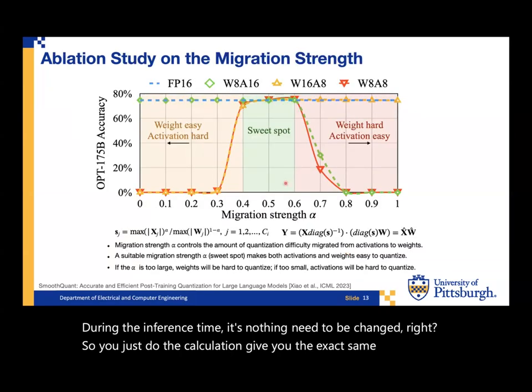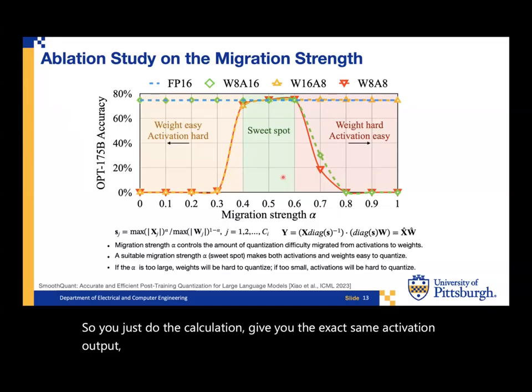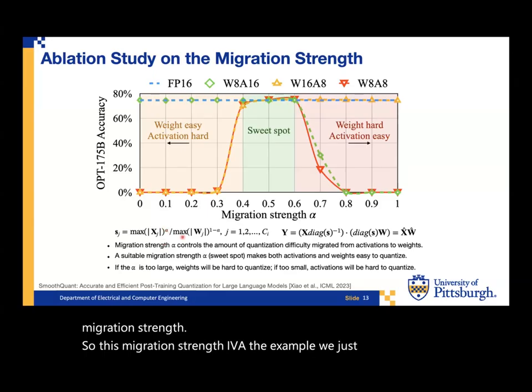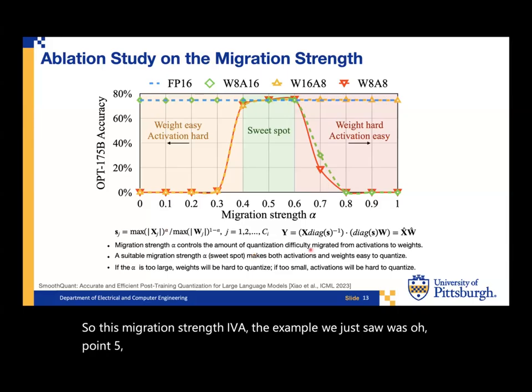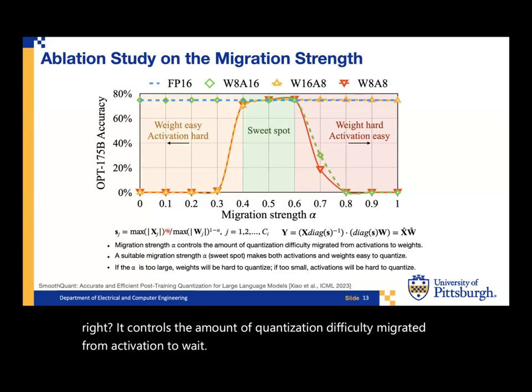Okay. So this figure is doing an ablation study on the migration strength. The migration strength alpha, like the example we just saw at 0.5, controls the amount of quantization difficulty migrated from activation to weight. Why? If alpha is small, then the scaling factor will be small, right?